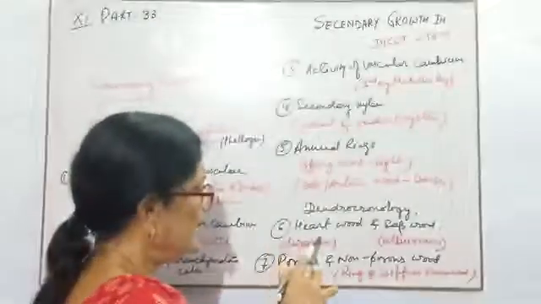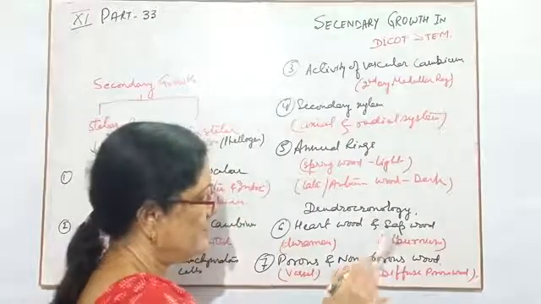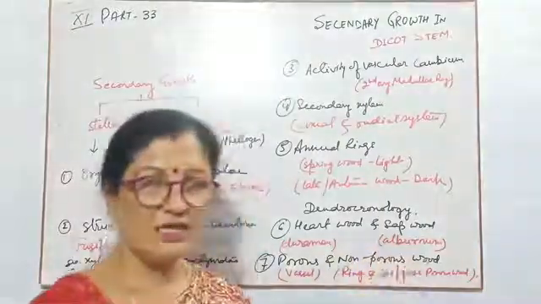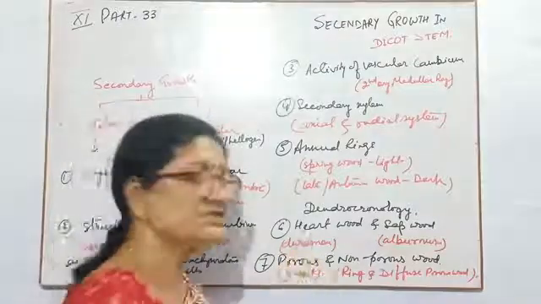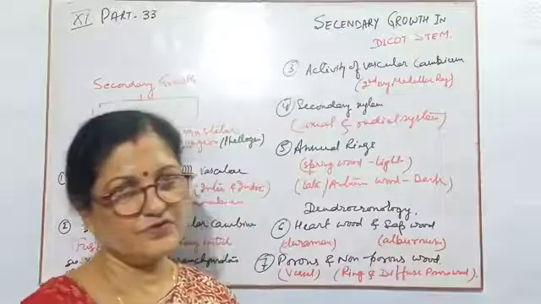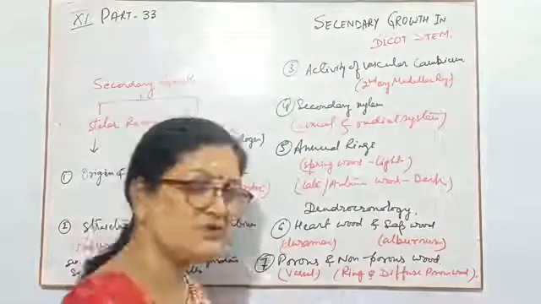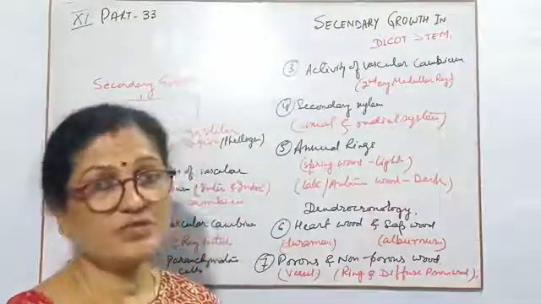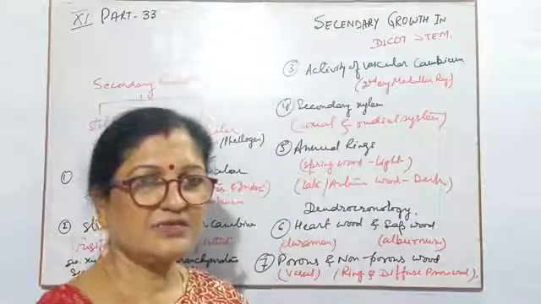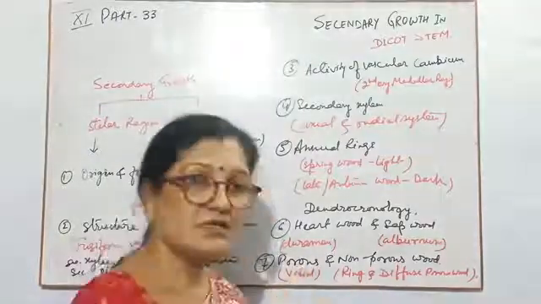After that, the next step, heartwood and sapwood. Heartwood is also known as duramen, and sapwood is also known as alburnum. Sapwood has some living cells, and heartwood has dead cells, so heartwood is quite hard and sapwood is softer. And the seventh one, porous and non-porous wood. Porous wood means that during the formation of wood there were xylem vessels, and when these dried up they formed pores, which is why it is known as porous wood.